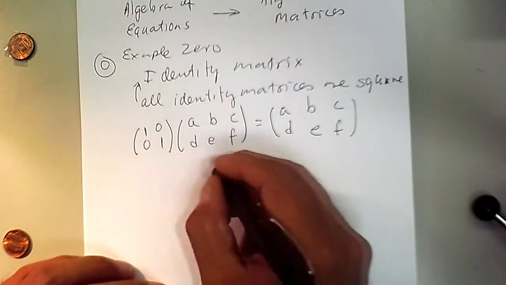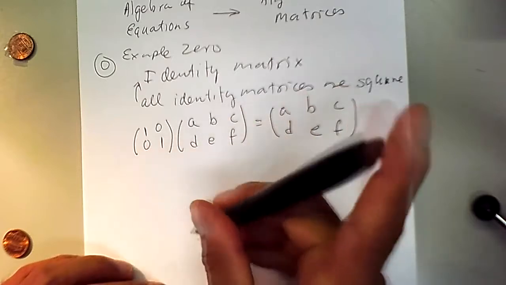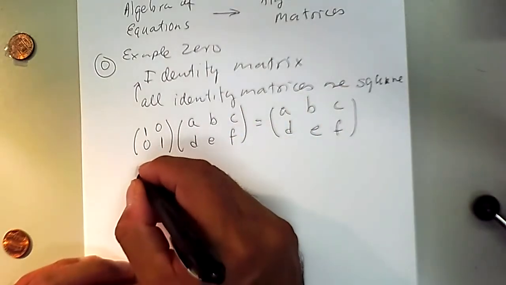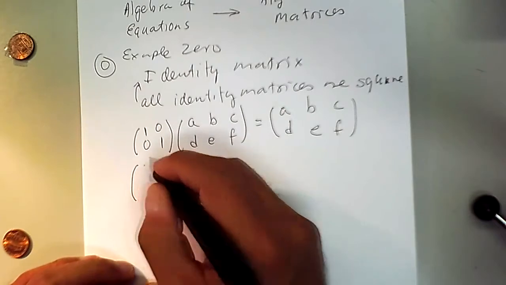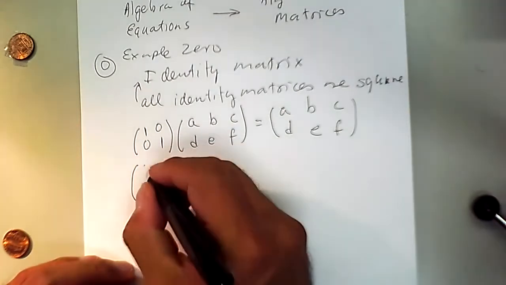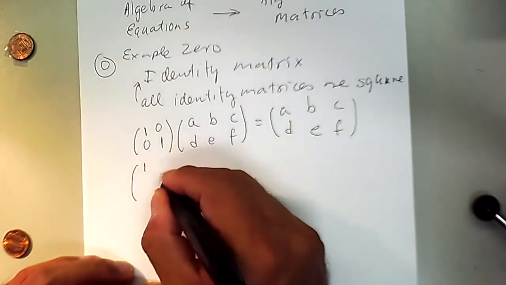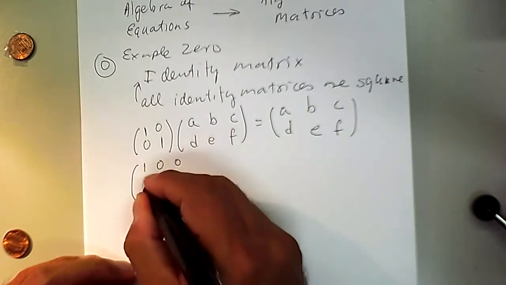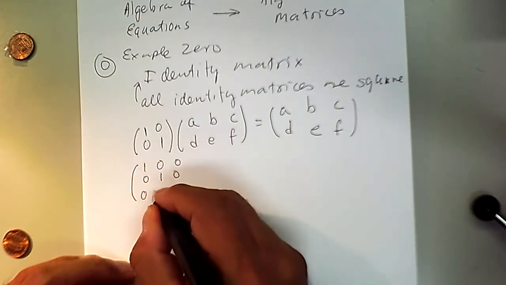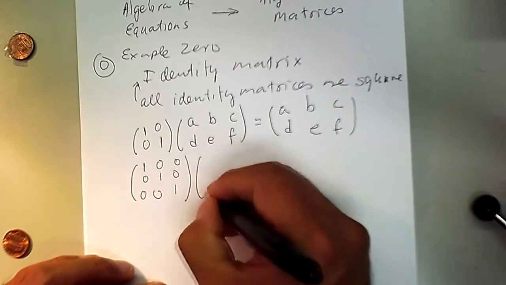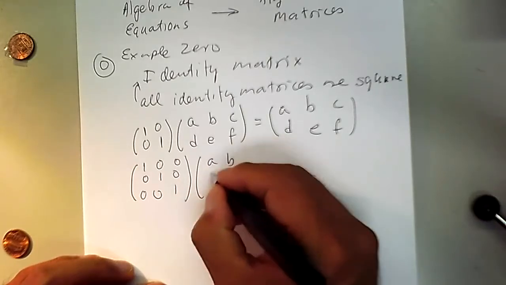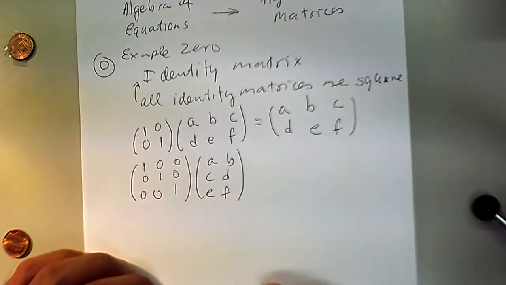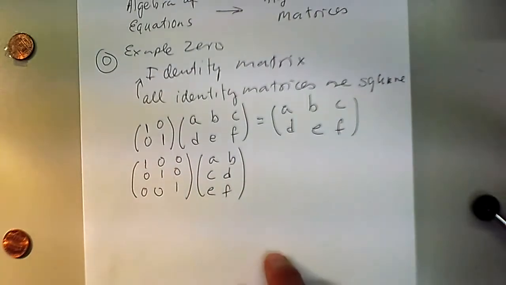If we want to multiply by a matrix that has 3 rows, then the corresponding identity matrix will be one that is 3 by 3. So we want to have ones on the main diagonal and zeros everywhere else. If we multiply by, say, A, B, C, D, E, F, let's understand what this is doing.